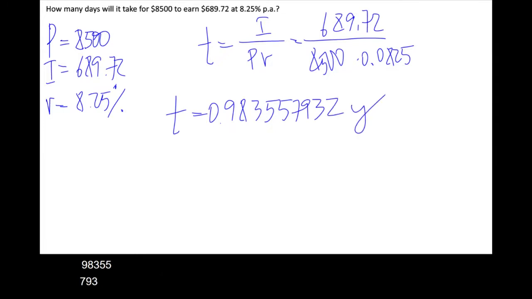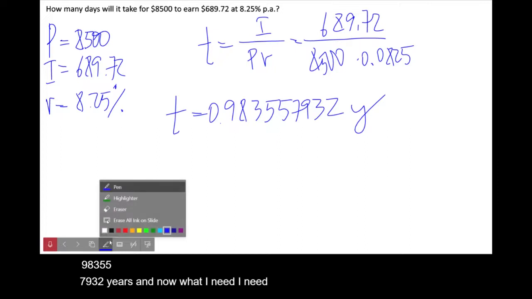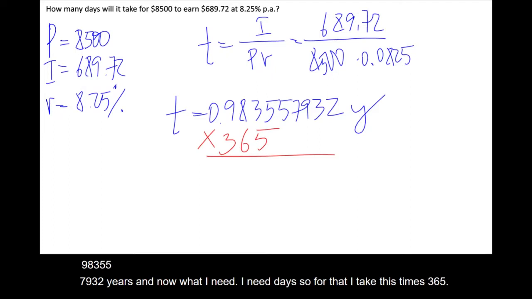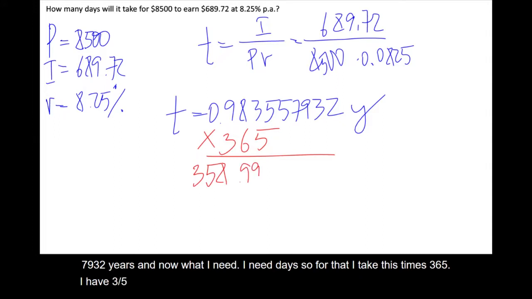0.98355 years. And now what I need is days. So for that, I take this times 365. I have 358.9986453 days.